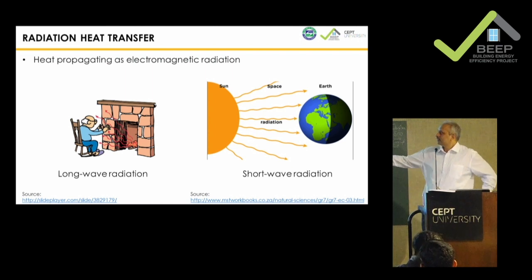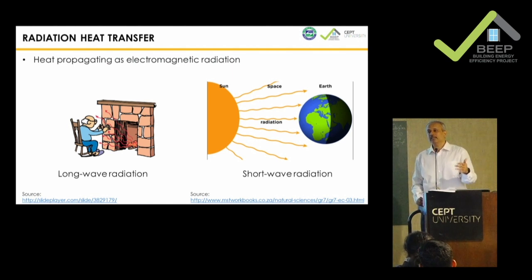That's correct. So there is a chimney here. The warm air goes up, so that's convection taking place, but this guy is getting comfort because of the radiation. Rather, I would say the convective portion would be much lesser for him to become comfortable.